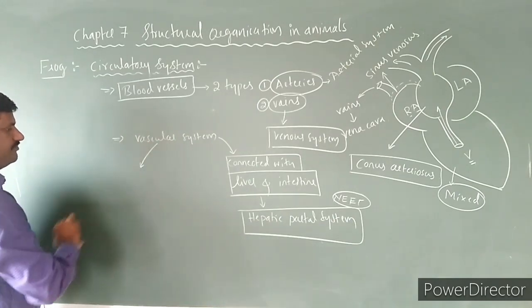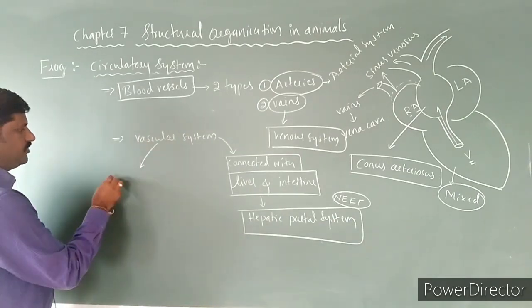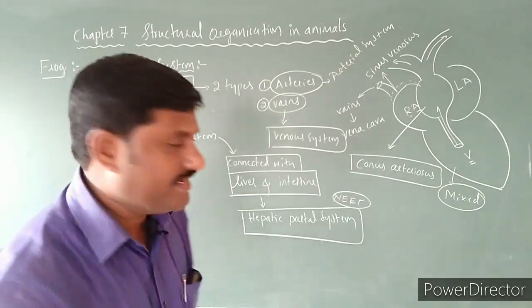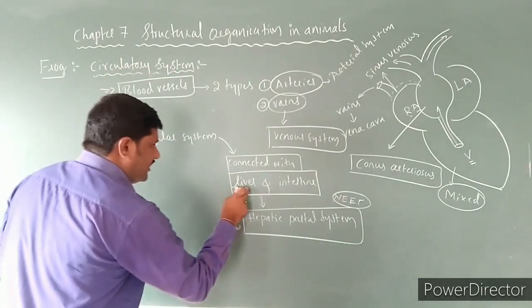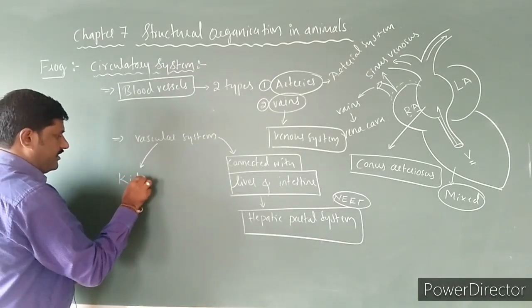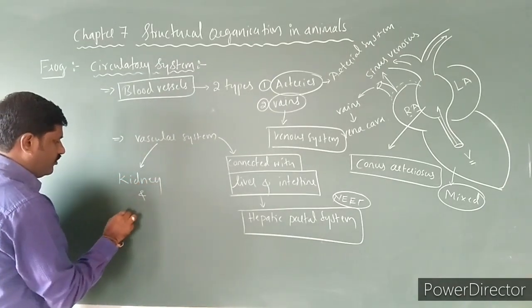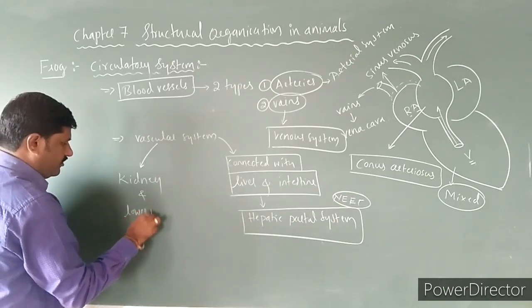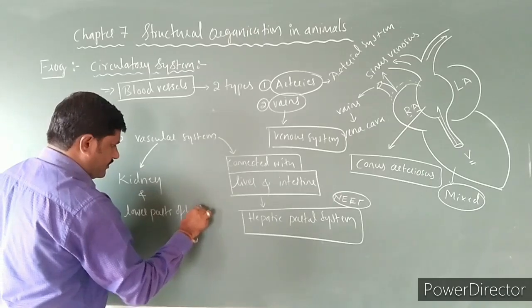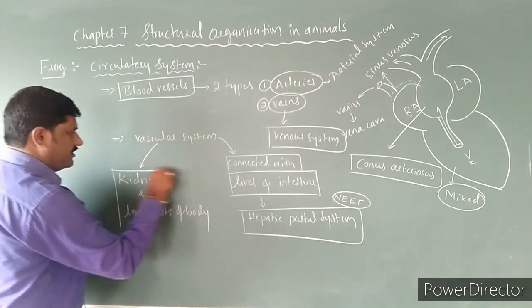Another vascular system is connected not only to the liver and intestine, it is also connected with the kidney and lower parts of the body of the animal, right?